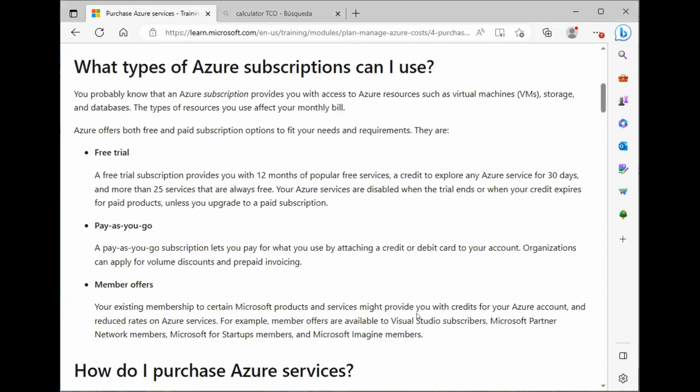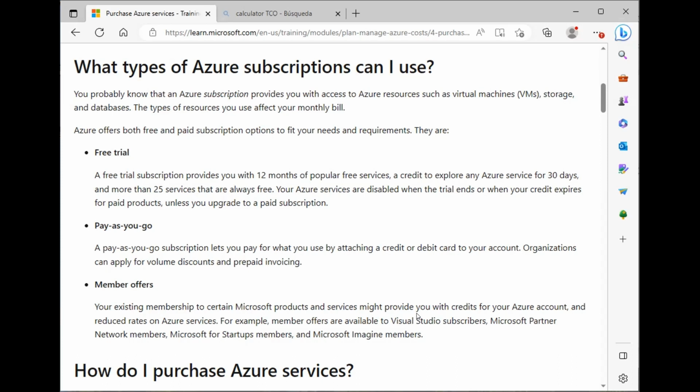What types of Azure subscription can I use? Okay, you probably know that an Azure subscription provides you with access to Azure resources such as virtual machines, storage, and a database.